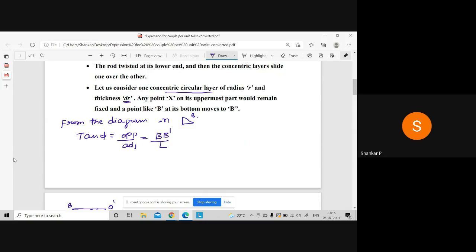For small angles we can write tan phi is nearly equal to phi. So therefore we can write shear strain is equal to phi is equal to B B dash by L.